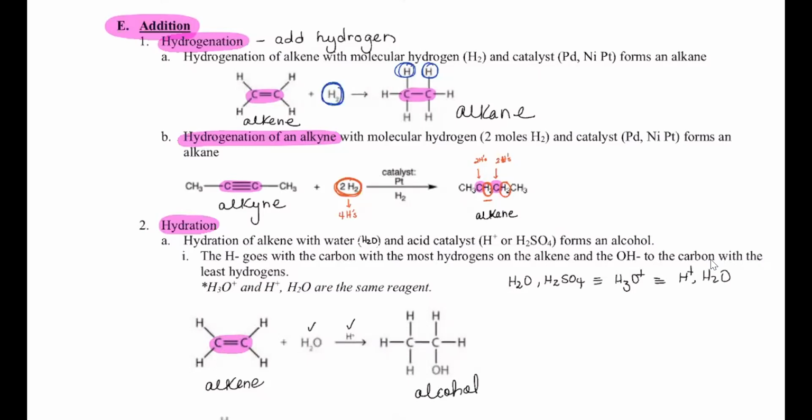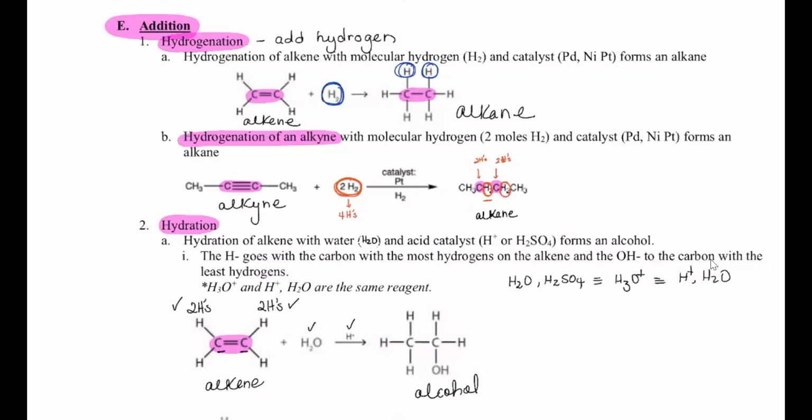The carbon on the left is directly attached to 2 hydrogens. The carbon on the right is attached directly to 2 hydrogens. So in a molecule like this, it doesn't matter where the OH goes, because these carbon atoms have the same number of hydrogens directly attached to them.